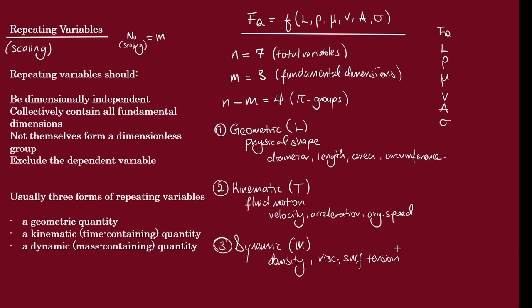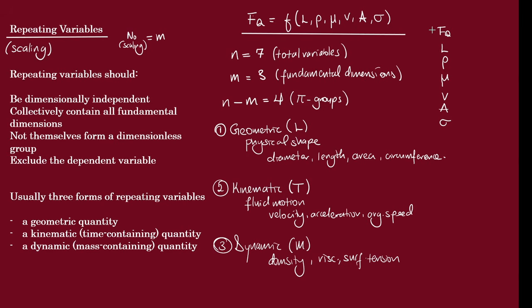So this is kind of abstract to understand, but when we get to describing the steps involved in solving Buckingham's pi method, and when we get in later lectures to solving problems, you see why this makes sense, why it's absolutely necessary to have each of these classes of the repeating variables.